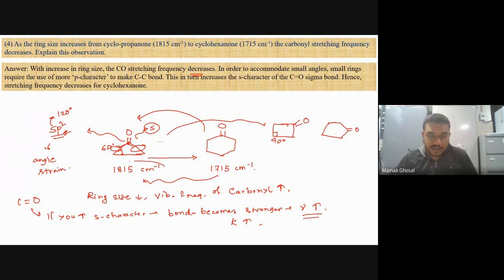That's what you see for very strained rings where more angle strain is there. So if you go from cyclopropanone to cyclohexanone, the angle strain is released, the s character of the carbonyl bond decreases, the bond becomes weaker, and you will see a decrease in the carbonyl stretching frequency, as you have seen here.